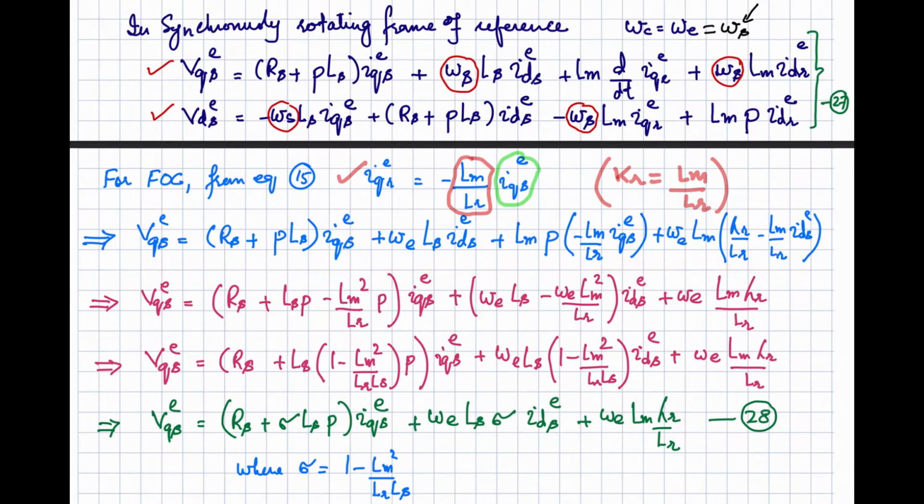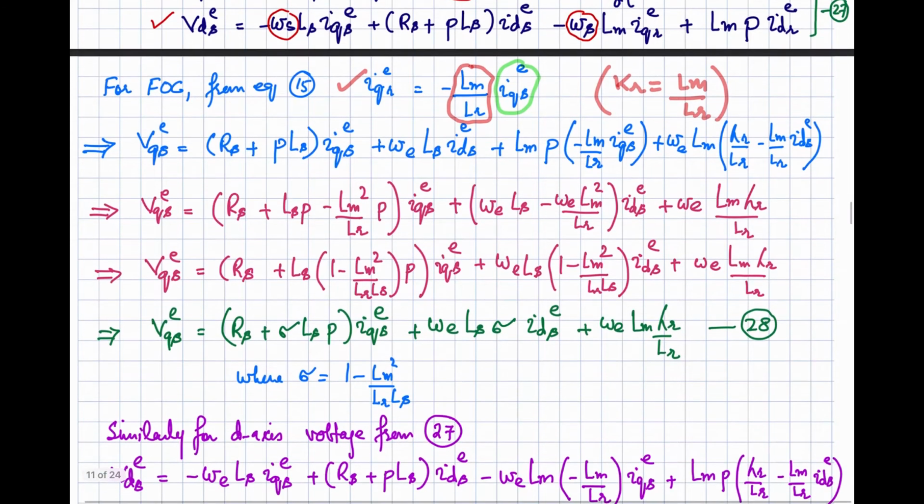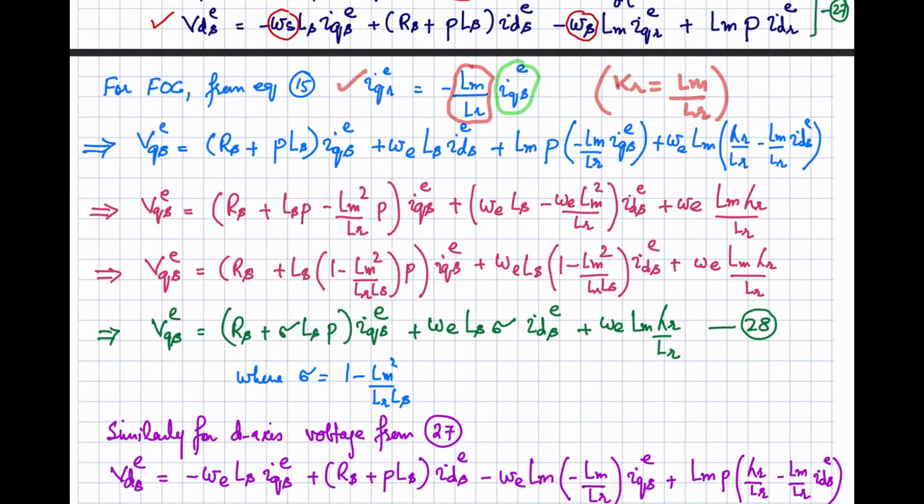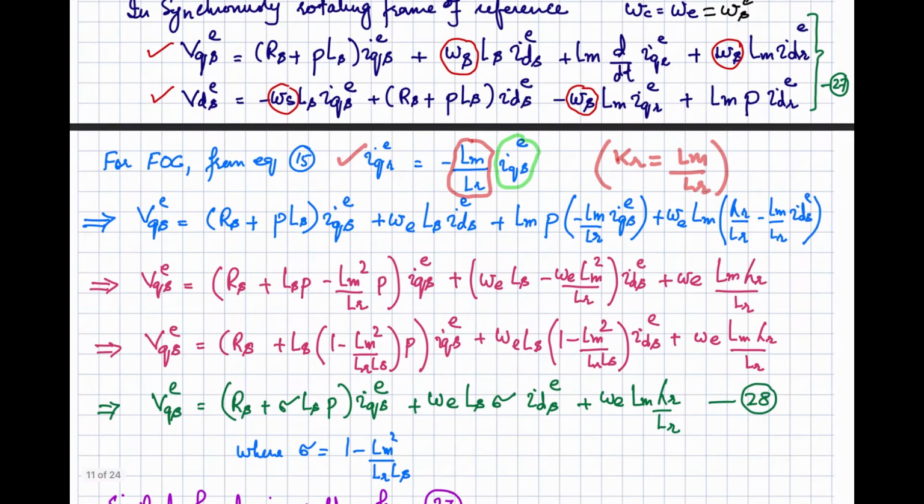If you simplify this one and perform some simple mathematical steps, finally you will get this equation for the q axis stator voltages, and these are only in terms of the q axis and the d axis stator current. We have eliminated the rotor current using the definitions which we have already defined in the previous lectures, and one of those is this equation.